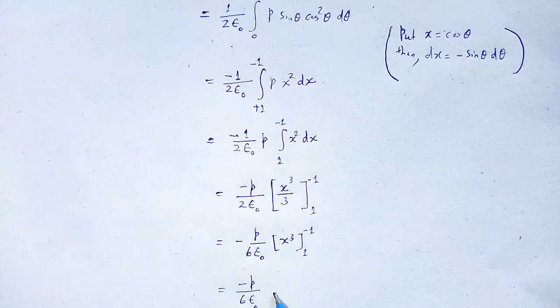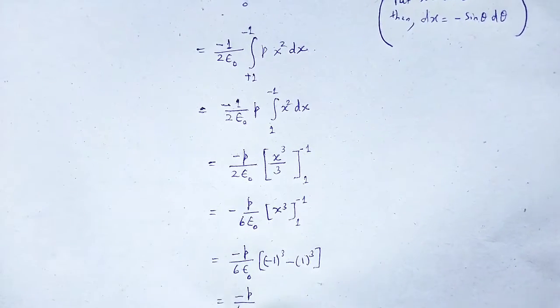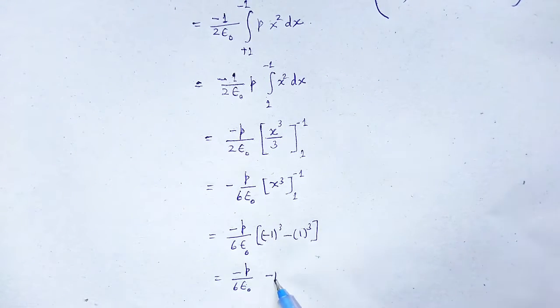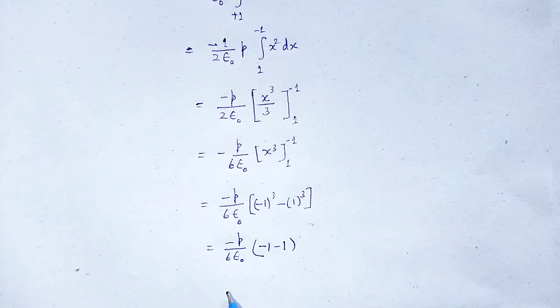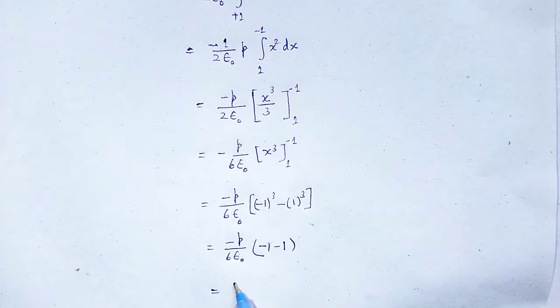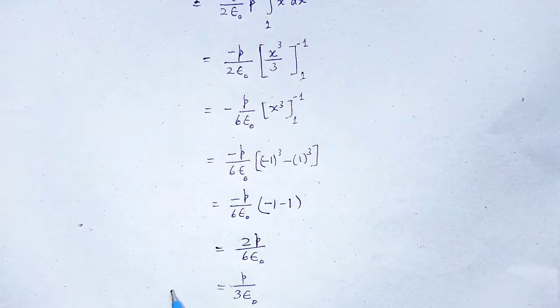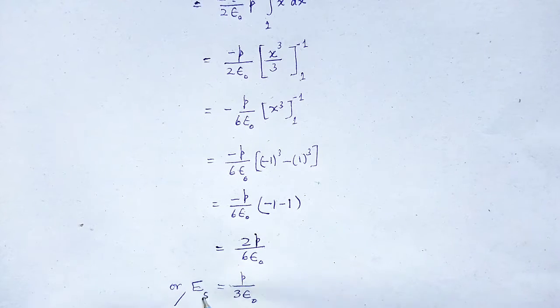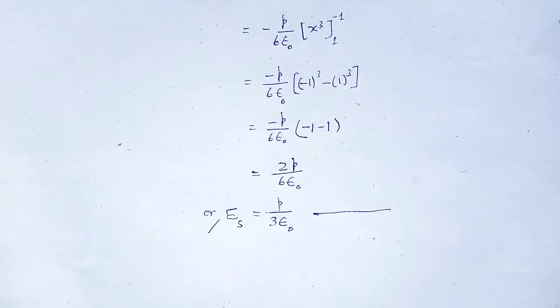Using the upper limit and the lower limit, 1 cube minus minus 1 cube, minus P divided by 6 epsilon naught into minus 2, that is plus 2P divided by 6 epsilon naught. 2 and 6 cancel out, it will be P divided by 3 epsilon naught, that is the value of Es. Equation number 11.